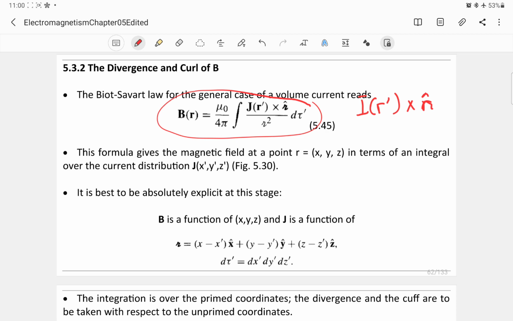So B is a function of X, Y, Z, and J is a function of X prime, Y prime, and Z prime.